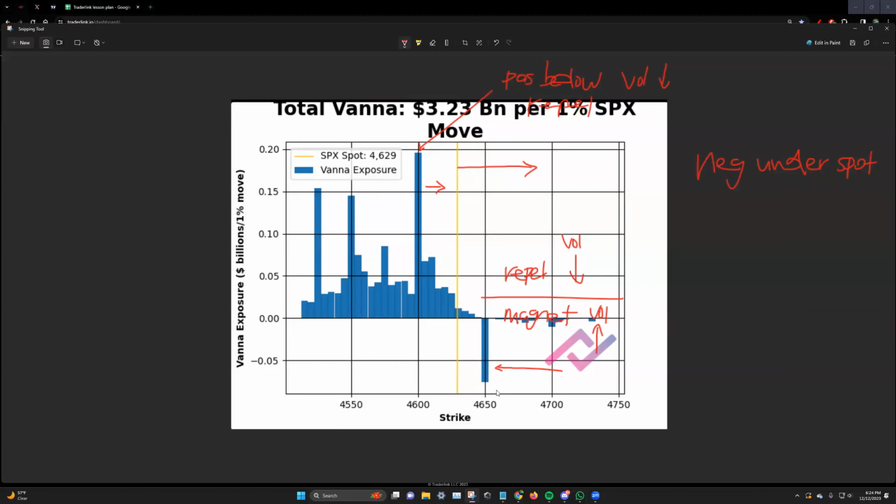If you look at a call, as you get closer to the money, the delta goes up. So if they're both at 0.15, one's going to drop to 0.1, while the other goes up to 0.2 or 0.25. That's why I was watching this 4650 more closely.